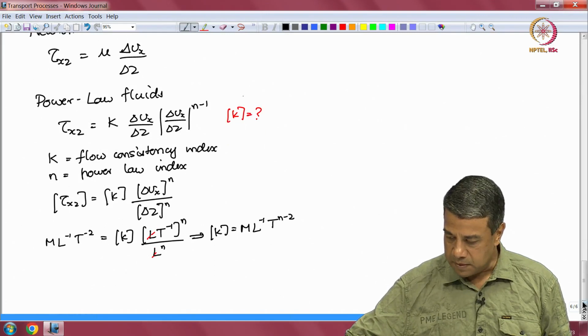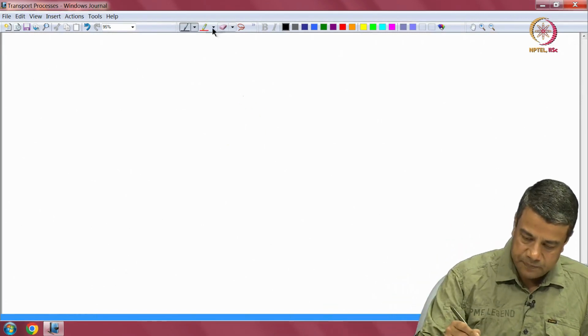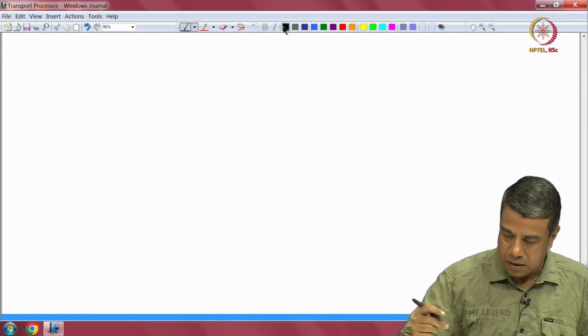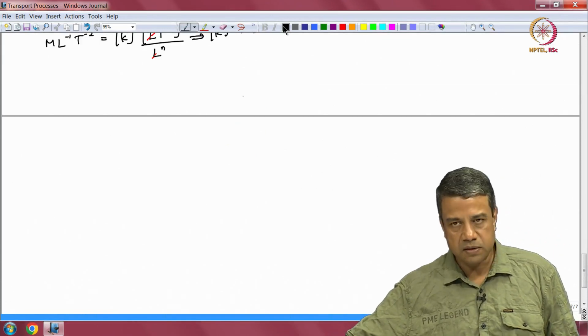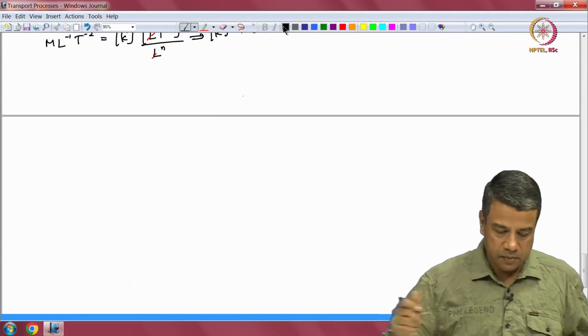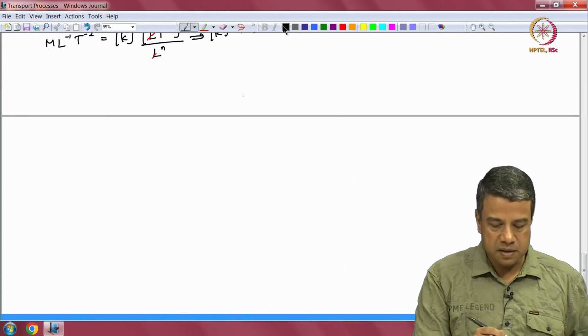Let us take another example, and that is of electrical quantities. We will not be dealing with electrical quantities too often in this course, but we can still determine dimensions quite easily.